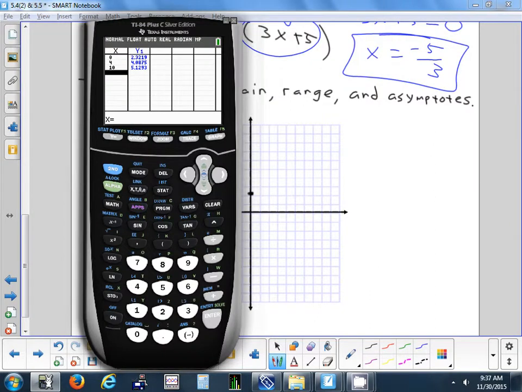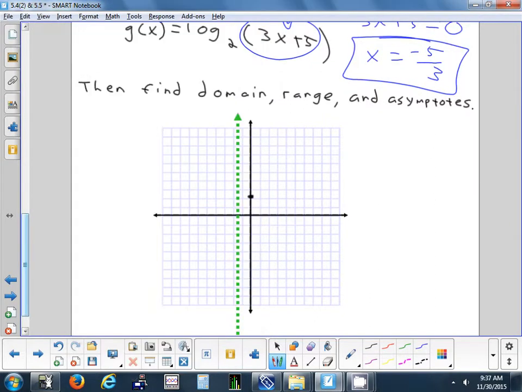And I get 10, 5.1. Now is this curve ever going to hit the green line? Nope, that's an asymptote. So basically it's just going to come up. Looks something like that. If you want to get another point in here, you can, but to me, that's accurate enough.